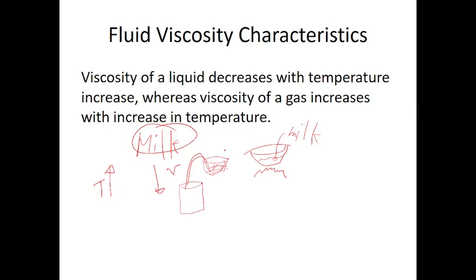Lagay mo na malamig yung milk, no? Malamig yung milk. Pag nilagay mo yon, papansin mo, ba't ang bagal mag-move ng milk? Pero pag pinakuluan mo yung milk, bakit ang bilis malagay sa baso ng milk?